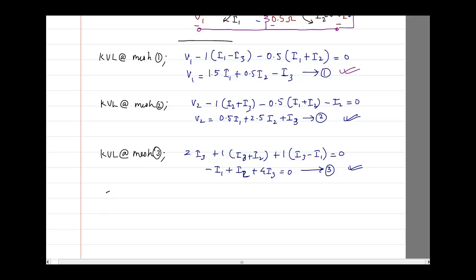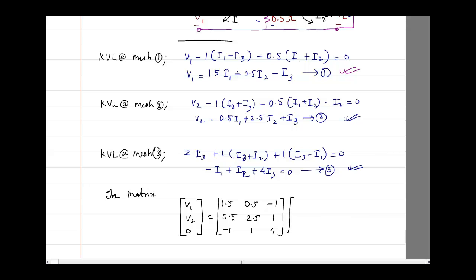So in matrix form I can write the equations as V1, V2, 0 is equal to the matrix 1.5, 0.5, minus 1; 0.5, 2.5, 1; minus 1, 1, 4, times I1, I2, I3. What we are trying to do is solve to get the values of I1 and I2.